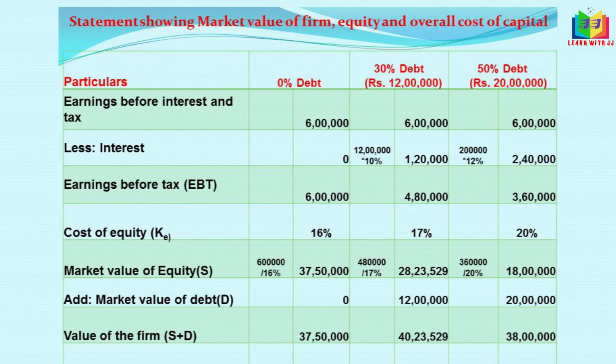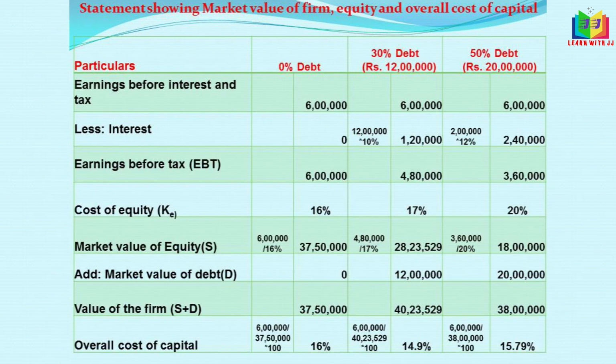Okay. And the last step, we have to find out the overall cost of capital. The formula for that is EBIT divided by V. EBIT here is 6 lakh for all the three, divided by the value of the firm. For the first one, it is 37,50,000, so I'll get 16%.